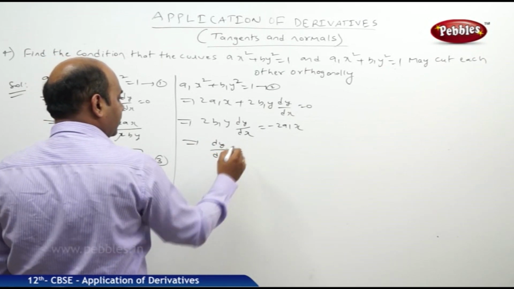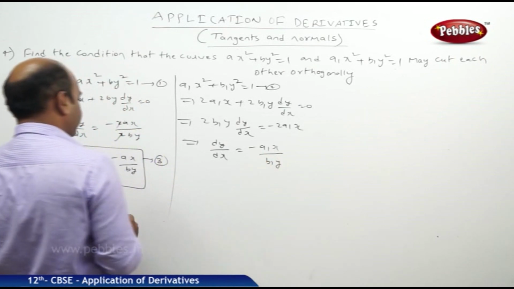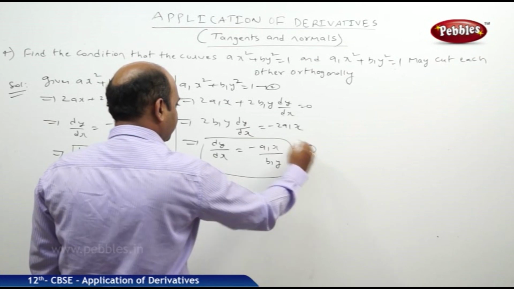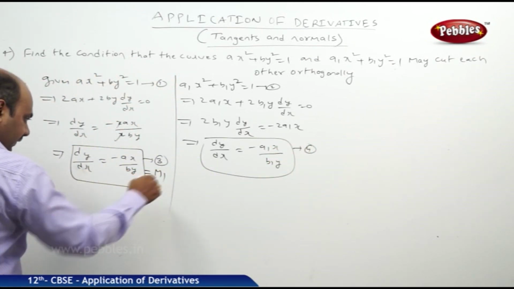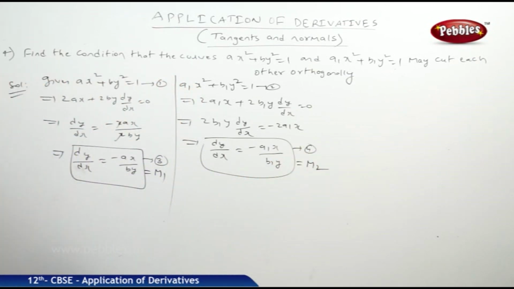So dy by dx is equal to minus a1x upon b1y. So this also I will call as number 4. This one I will call m1 and this one I will call m2.